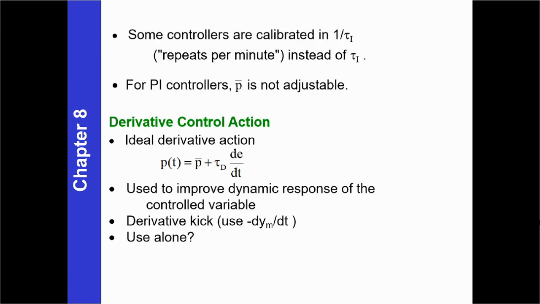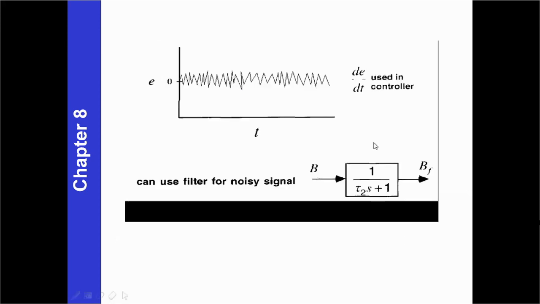We can also have what's called derivative on measurement, which is minus dYm over dt. But the question that we will come back to is, can we use the derivative control on its own or alone? Can we do that? So this is the derivative control dE/dt used in here.